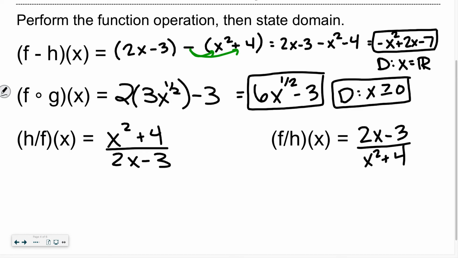With division. Any rules for division you know? Yeah?